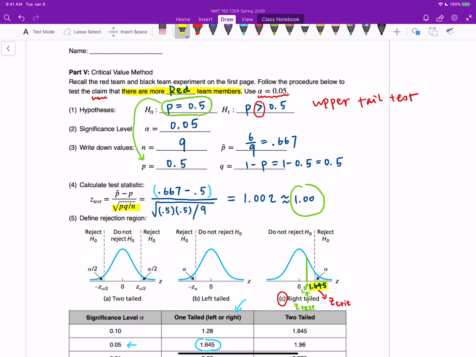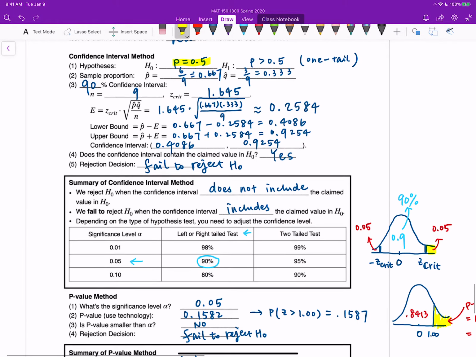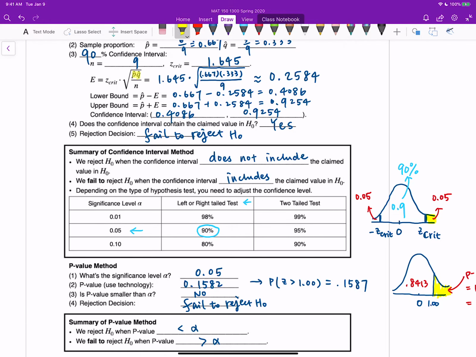If you look at it, this is PQ divided by n. We use population proportions. But when we construct a confidence interval, we use p hat q hat divided by n, so we use sample proportion instead. That's why sometimes you might get different conclusions. I just want you to be aware of that.